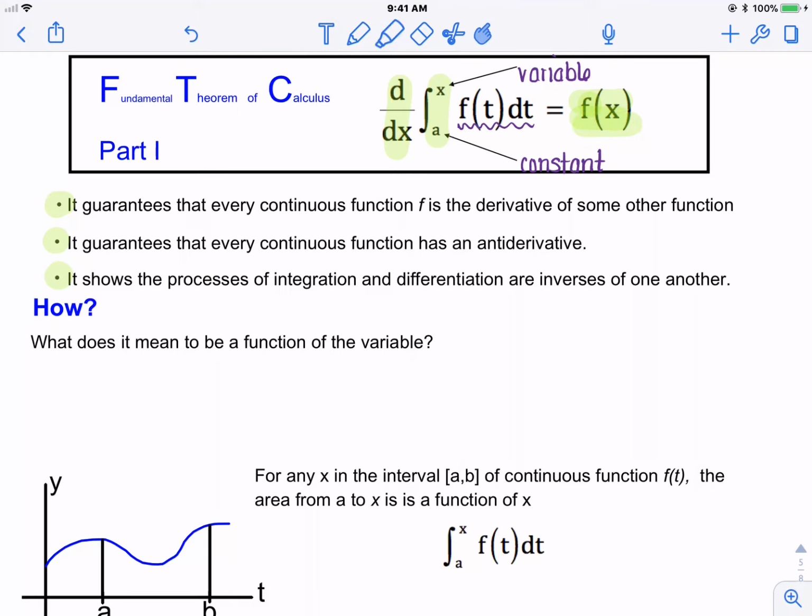And it's saying that they undo each other. It's a way of showing how to take the derivative of an integral and saying what function should result.